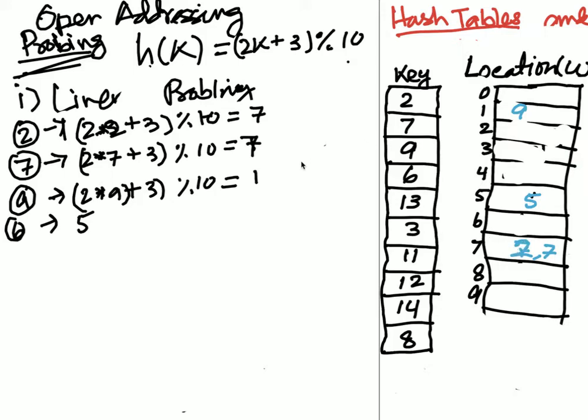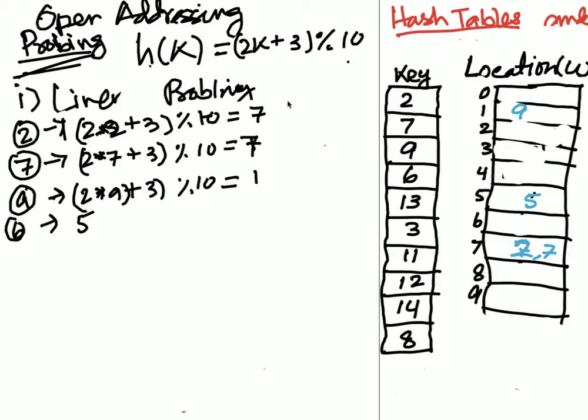That means we still have the same problem with this hash function: we need a more complicated data structure in these cells, and we may have to implement that in all other cells, which is a little bit complicated.